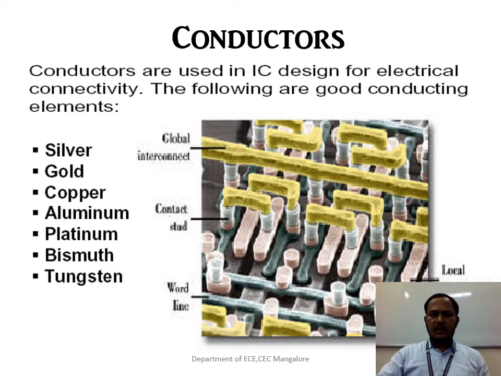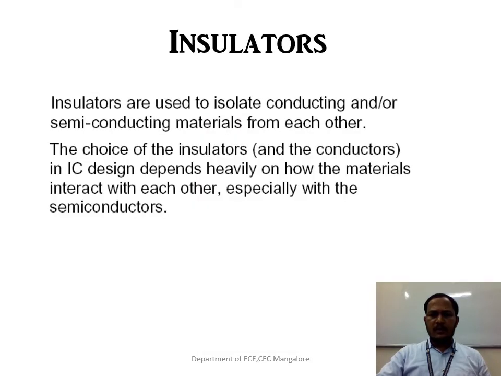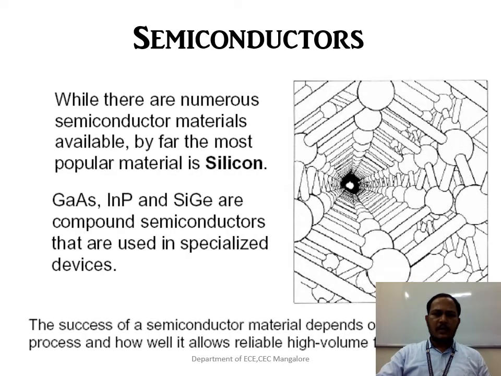Conductor materials are like silver, gold, copper, aluminum, etc. Insulator materials may be of different types, maybe silicon dioxide or plastic. As well as semiconductors, there are different types of semiconductor materials.